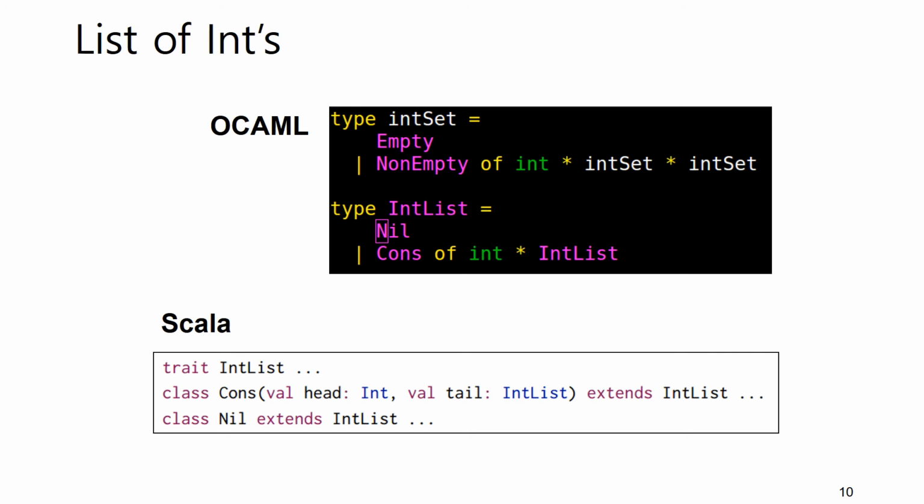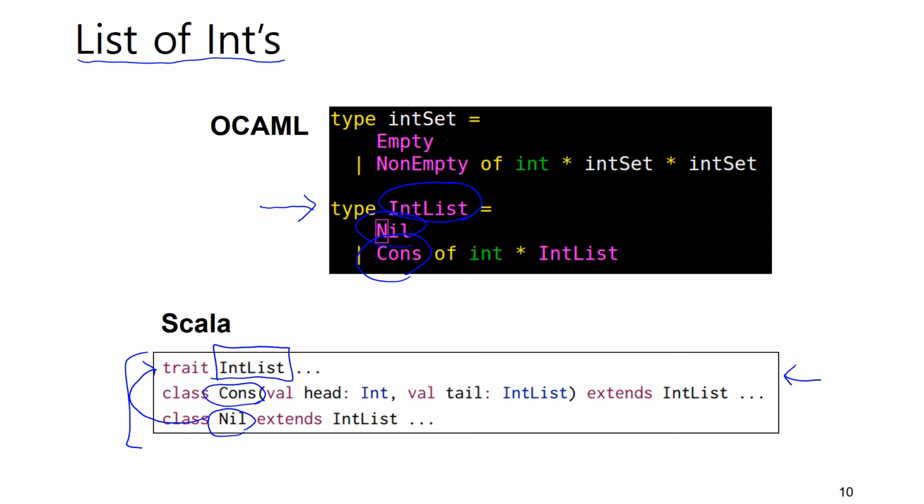Let's look at the implementation of list of integers in Scala. In functional programming, in order to implement int list, you'd introduce an abstract data type with two data constructors, nil and cons. It's almost the standard solution. In Scala, you can have these two classes, cons and nil, implementing the same trait IntList.